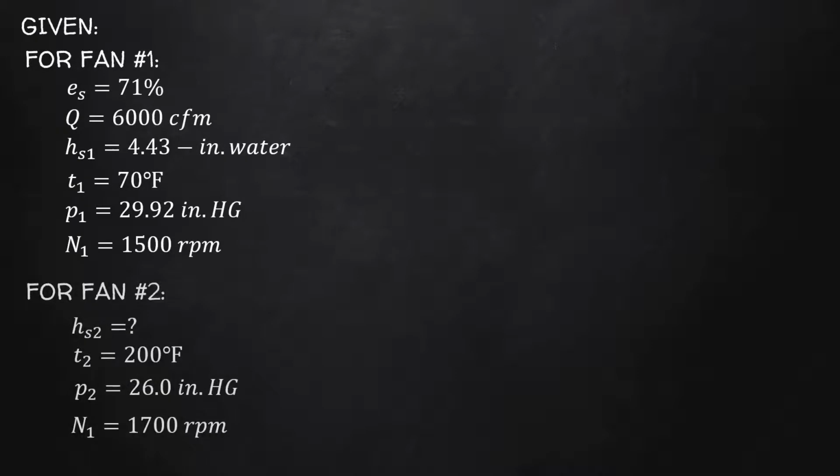First, we need to identify all the given values. We will now solve for the density using the formula density is equal to pressure over gas constant R times absolute temperature.